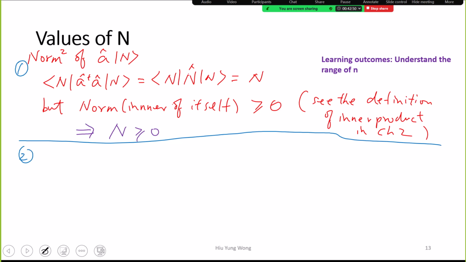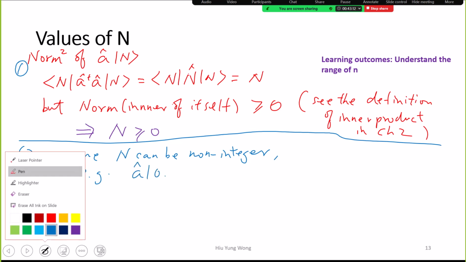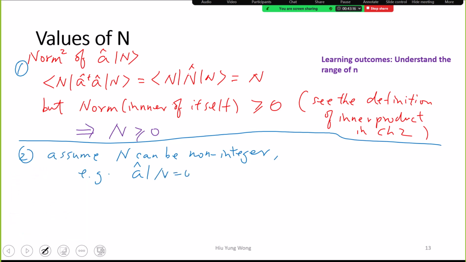So we prove by contradiction, for example. So assume n can be a non-integer. It's not really a proof, but just an example. Then take a|n⟩ with n equal to 0.5.